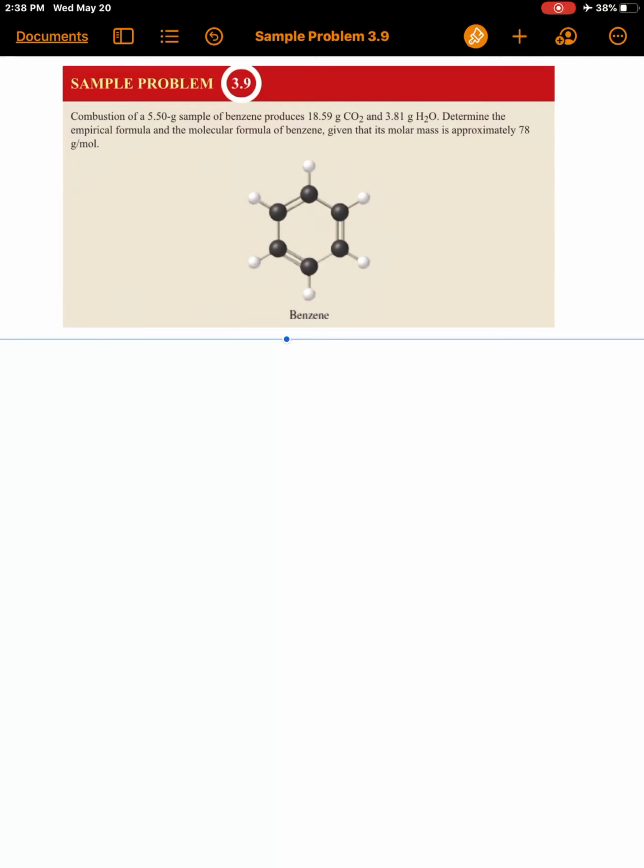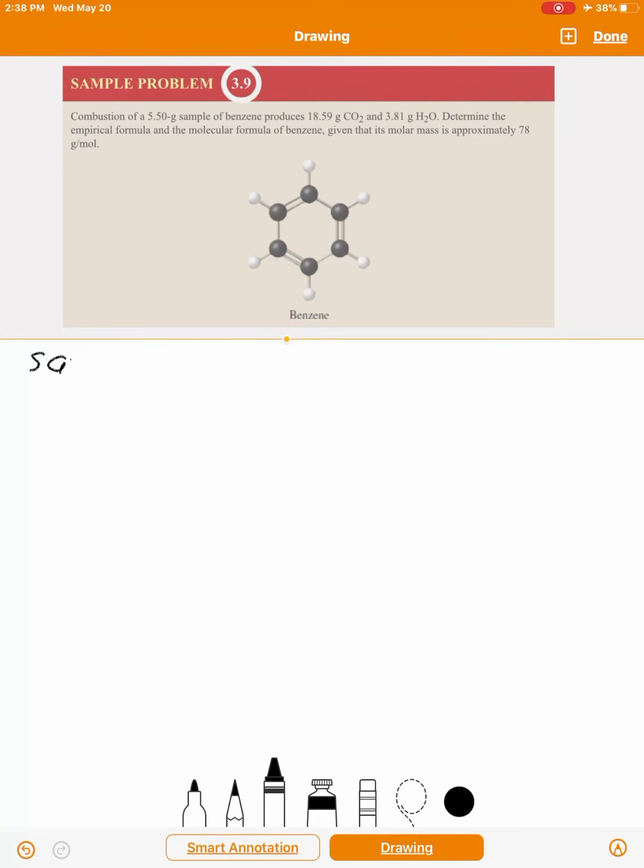This is a combustion problem, so we know that the sample has a mass of 5.50 grams. And then after we undergo combustion, so here's the idea.